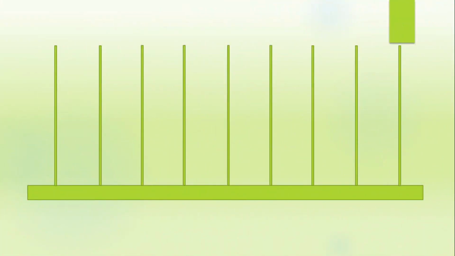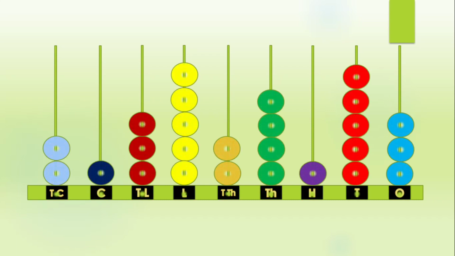So children, you can have a look at the first example. Here you can see an abacus showing a large number, a number in crores, right? Before reading the number, we would like to count the beads on each rod.